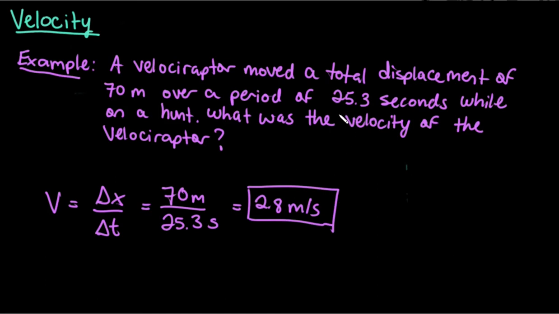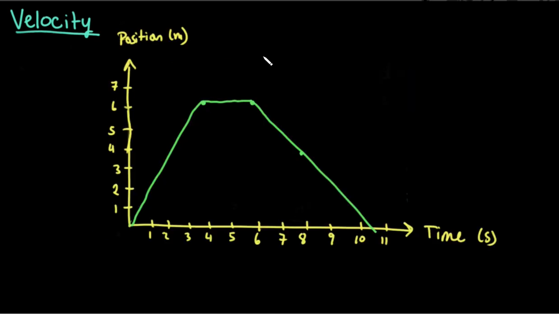That is, until we start looking at graphs. Now, we can also calculate our velocity based on a position time graph. You have to be careful with this. You have to make sure that this is a position time graph. You have to make sure of the units, all right?